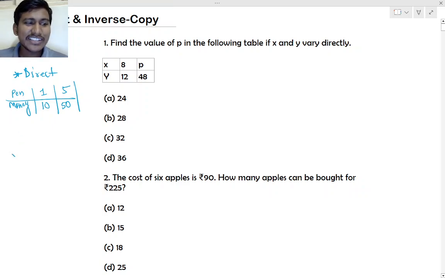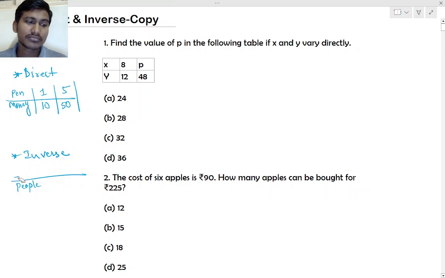In inverse it will be reverse. So if you take one big cake, and there are people.